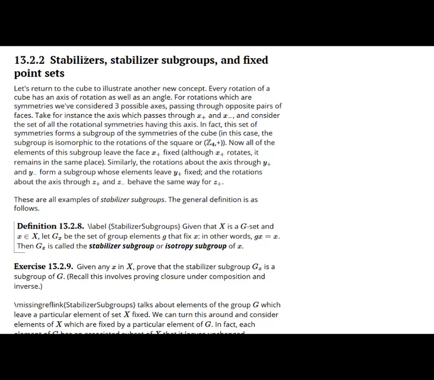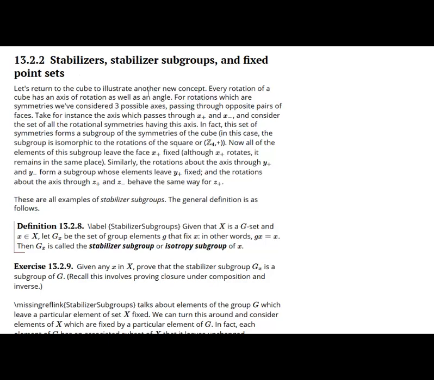Stabilizers are going to be group elements that don't change various points in the set X. Stabilizer subgroups will be a set of stabilizers that actually form a subgroup of the group G. And fixed point sets are related to these two. So let's go and look at this discussion.